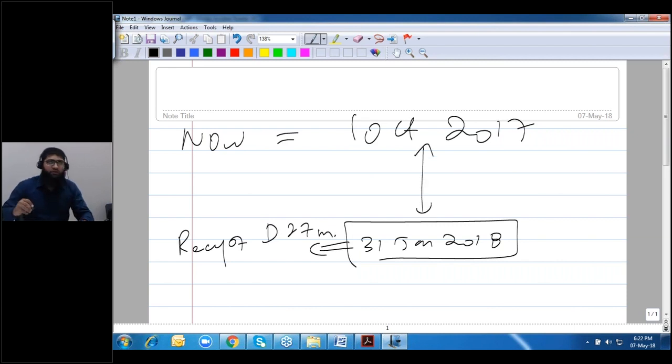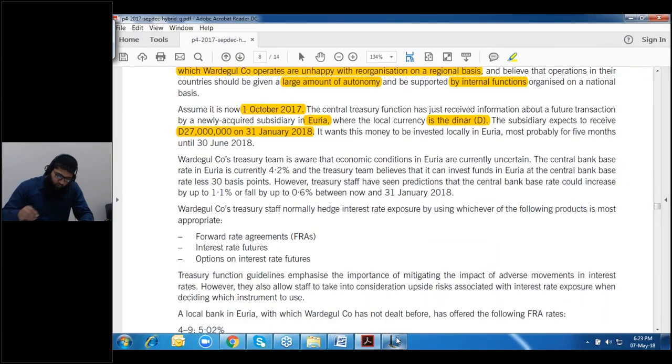When it comes to a treasury management question, an important thing is the duration from now. We are standing on the 1st of October 2017, so October, November, December, and then January. That is actually 4 months from now. Now, it says that it wants this money to be invested locally in Urea, most probably for a period of 5 months until 30th June 2018.